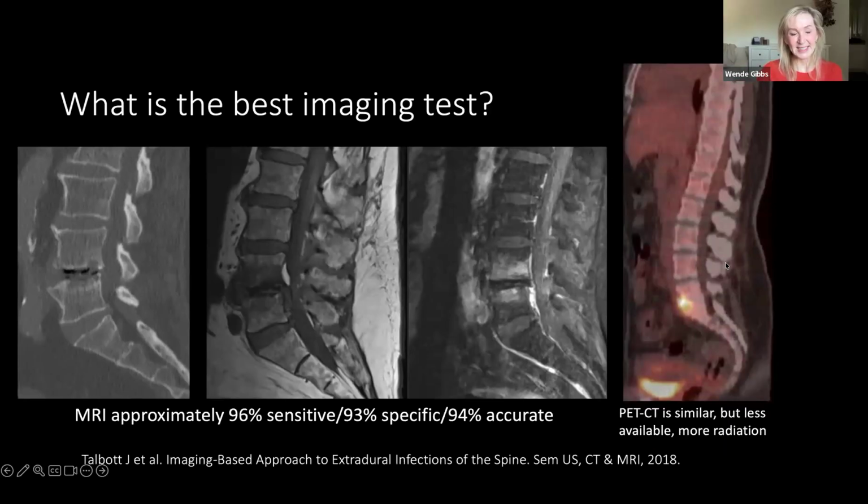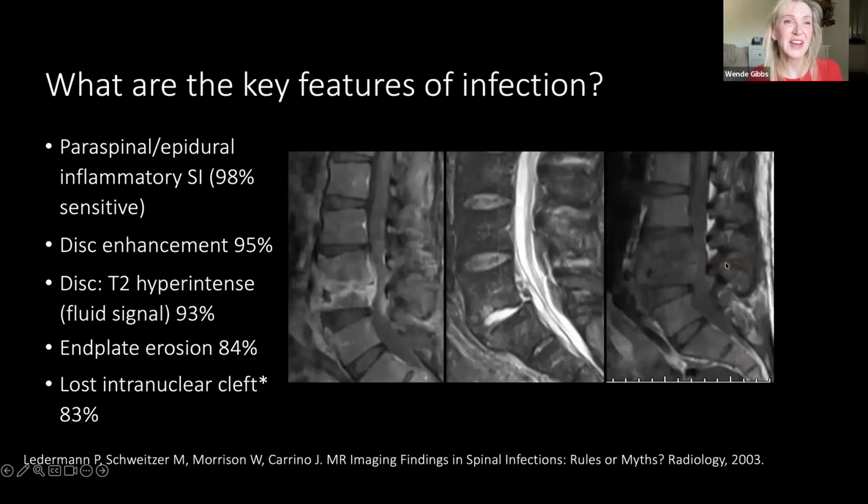This is just the sensitivity and specificity, and like I said, the nuclear medicine literature says the PET is just as good. All right, so key features of infection. The best one is actually not in the disc or in the bone. It's the paraspinal and epidural inflammatory signal intensity within the tissues.